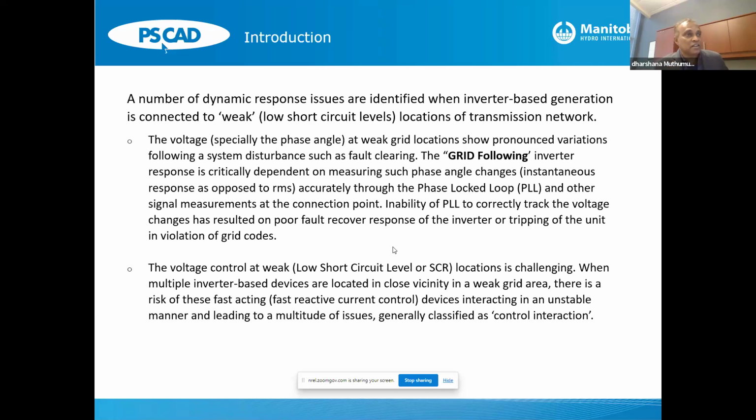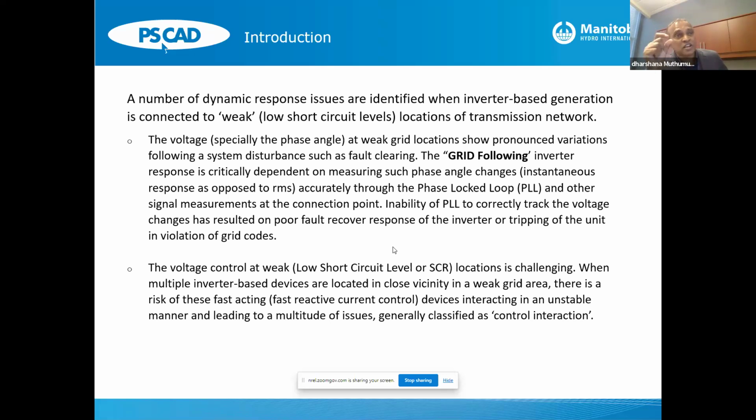It's very critical that this measurement is accurate during disturbances. If the inverter and its measuring system cannot follow the changes in the grid frequency, grid voltage magnitude, and phase, then it cannot correctly follow the grid. Because if you're following the grid, you have to know the condition of the grid.